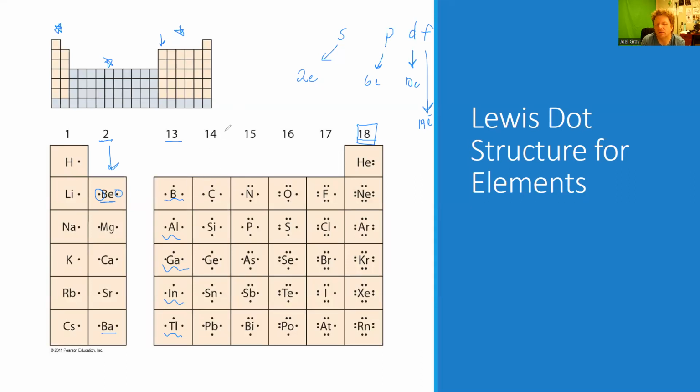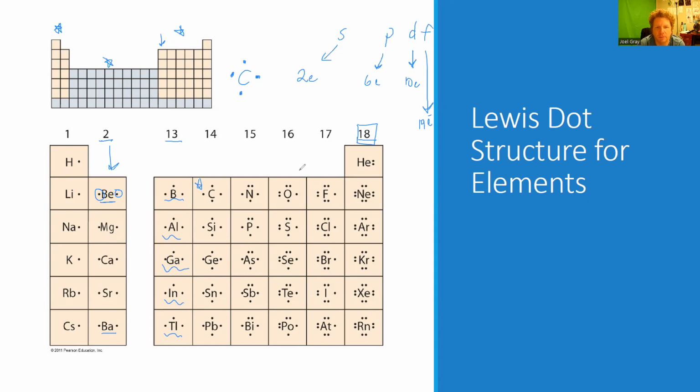If we take something that has 4 valence electrons, like carbon, what we're going to do is write the symbol and then start in a clockwise fashion and add however many valence electrons it has, outermost electrons, in one of 4 positions around that symbol.